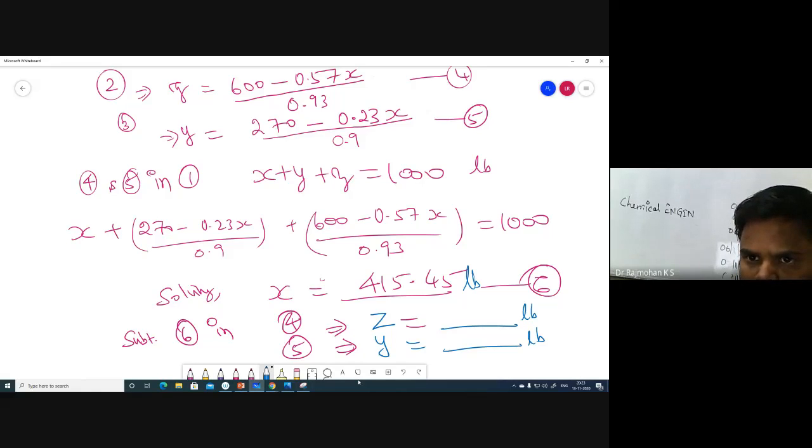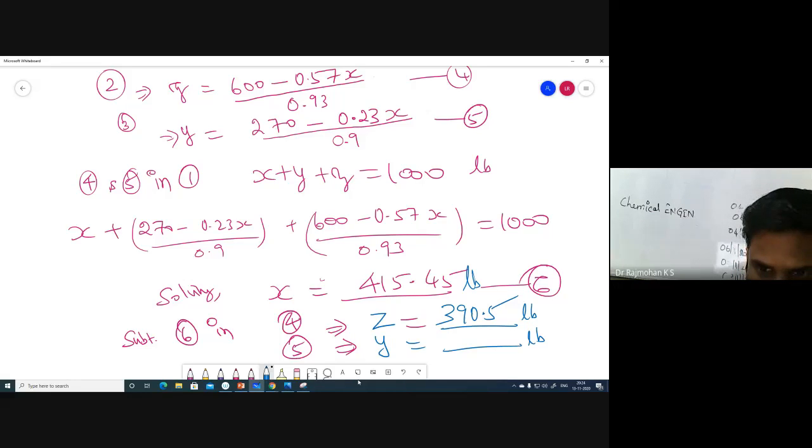Substitute 600 minus 0.57 into 415.45 divided by 0.93. Divided by 0.93 gives us the value of z, which is 390.5.